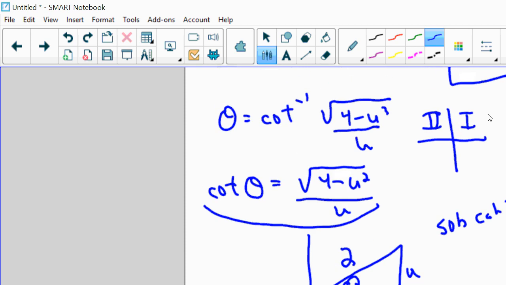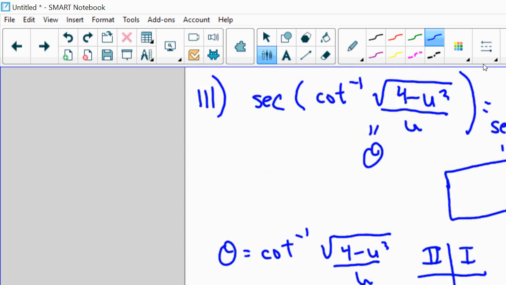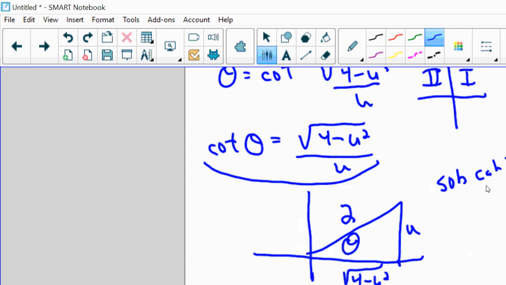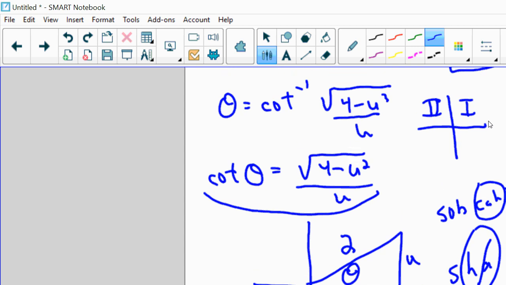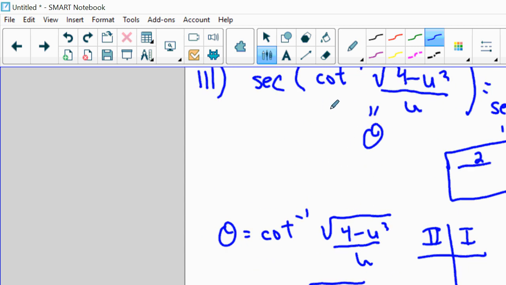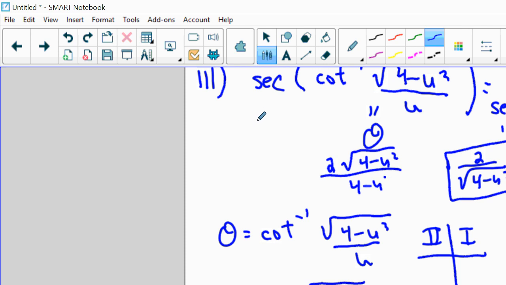Now let's answer the question. Secant of a triangle, secant's like cos, so you say sha, hypotenuse over adjacent, 2 over square root of 4 minus u squared. And then we can rationalize, so 2 square root 4 minus u squared over 4 minus u squared.